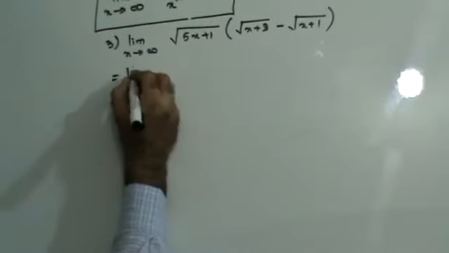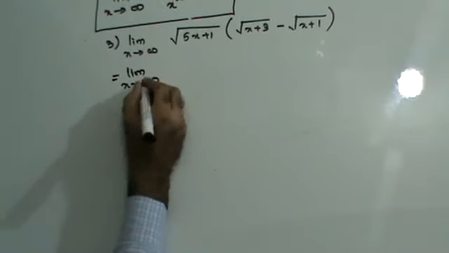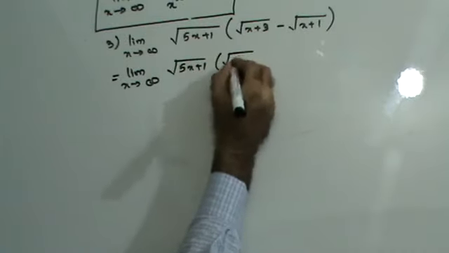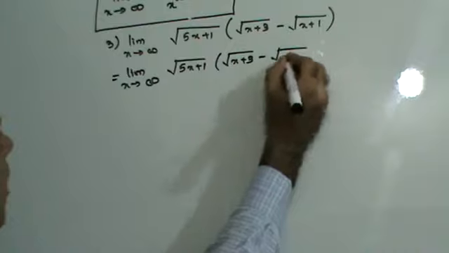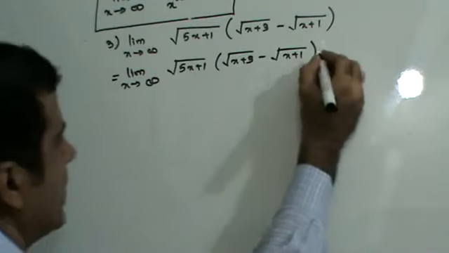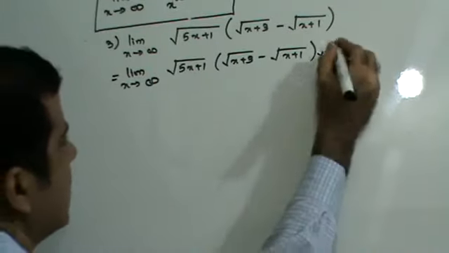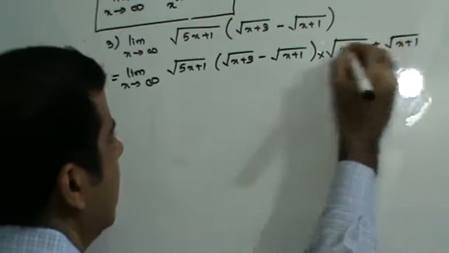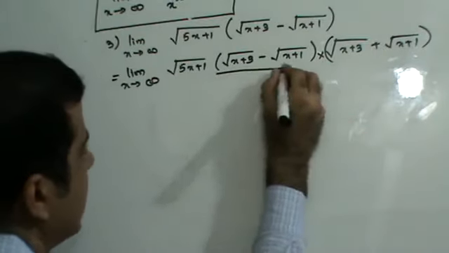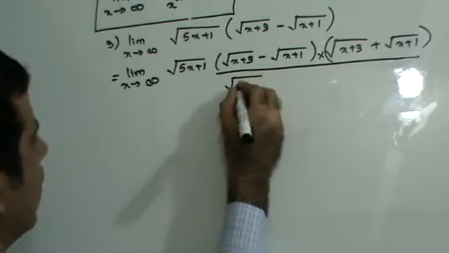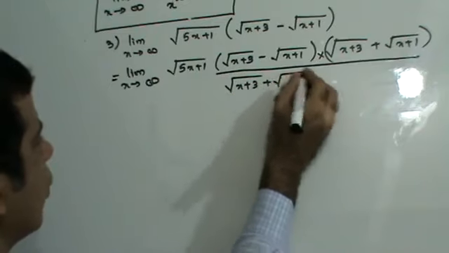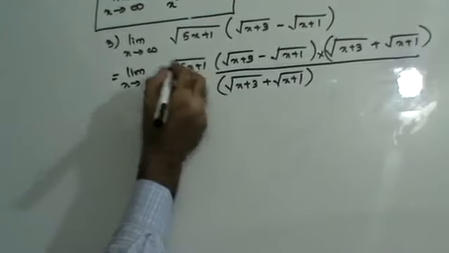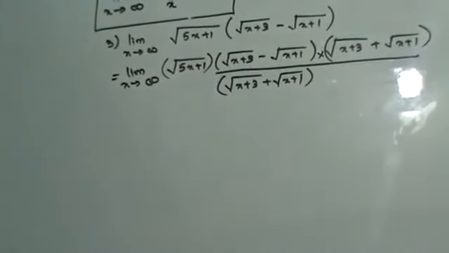Rationalizing means I'll have to multiply with root of x plus 3 plus root of x plus 1 and divide by the same term, root of x plus 3 plus root of x plus 1. I'm leaving the first term out and rationalizing this term.